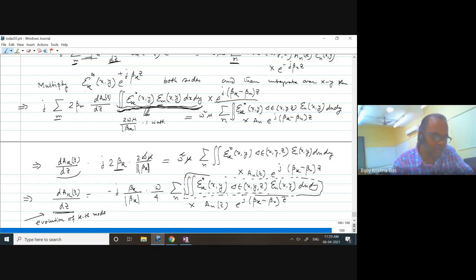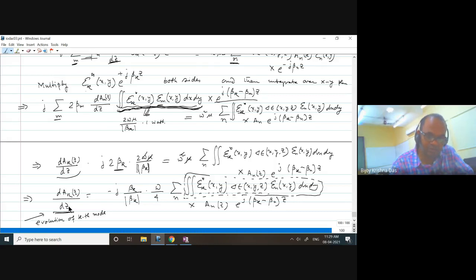If it is negative, that means it is decreasing. If it is positive, it is growing as it propagates. And if it is simply equal to 0, then it is not at all changing. So depending on the negative, positive or 0 value of the right hand side, we can conclude whether the kth mode is growing or attenuating, and attenuating means power is being transferred to other modes.